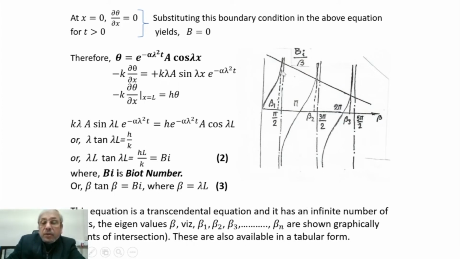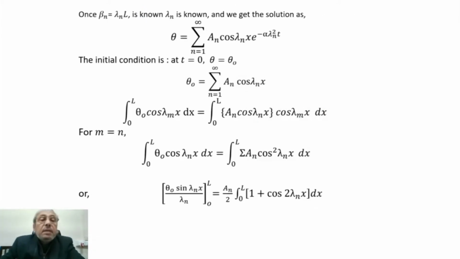These eigenvalues are also available depending on the value of the Biot number, beta. These are also available in tabular form. Once beta n equal to lambda n into L is known, then lambda n is also known.